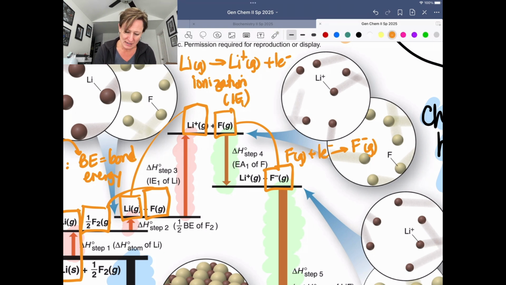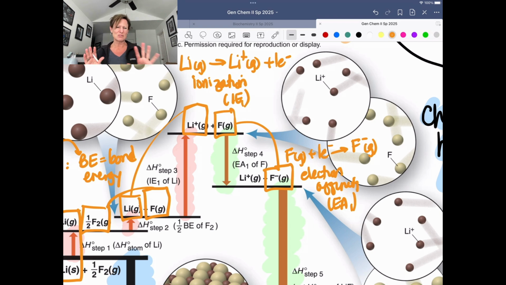That is going to be electron affinity. We learned that last learning unit too, right? We abbreviated that EA. And even though we didn't talk about trends in electron affinity because it was not always super trendy, we didn't have things that always followed the same pattern, we learned about what it was. And one of the things that we talked about is it is almost always going to be downhill.